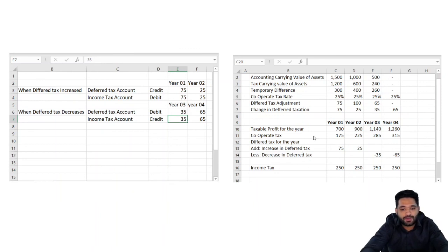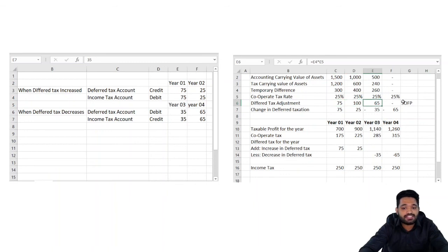So guys, do remember, the deferred tax adjustment, the amount that you see here, is going to be the balance of your deferred tax account. This will be shown in the statement of financial position. If this account has a credit balance, that means it's a liability, then it will be shown under non-current liabilities.